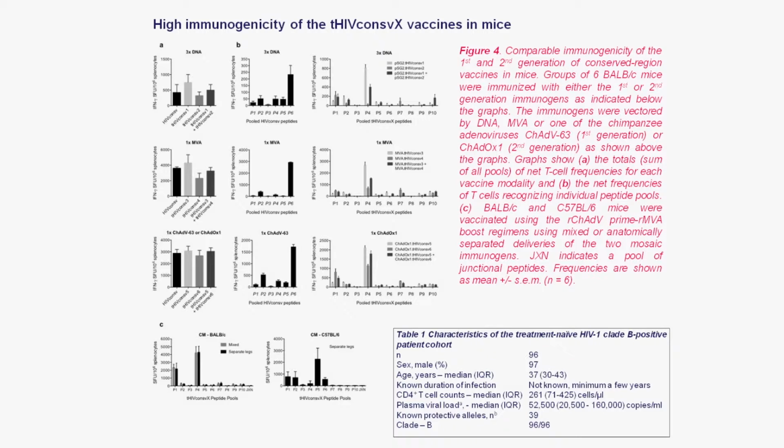So if we show equivalence to the 1st generation, this is actually a very good start. We have also shown in mice that if we do prime boost combinations, we are inducing strong immune responses, but we are not inducing any responses to pools of peptides which have been designed to cover the junctional epitopes.